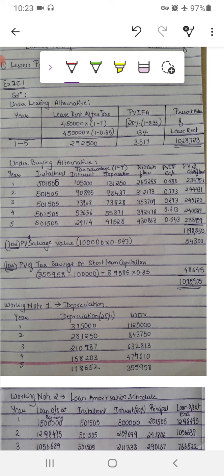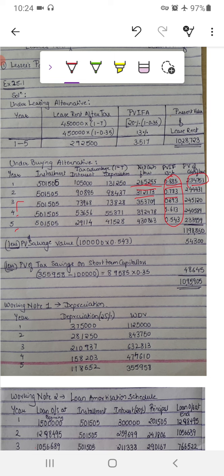So go to the present value interest factor lump sum table. See 13% and for first year, second year, third year, fourth year and fifth year. So you get the present value factors, multiply the net cash flow with the present value factors. So 2,65,255 into 0.885 gives you 2,34,751.